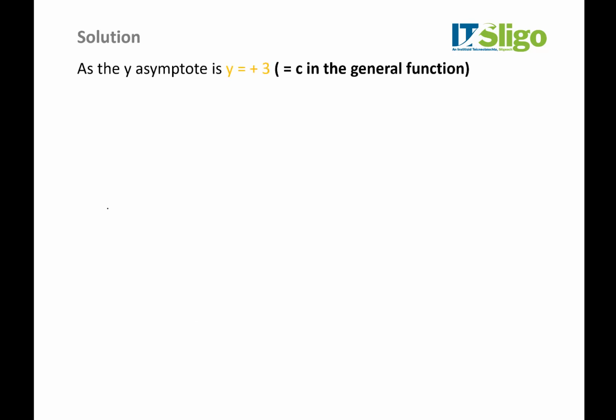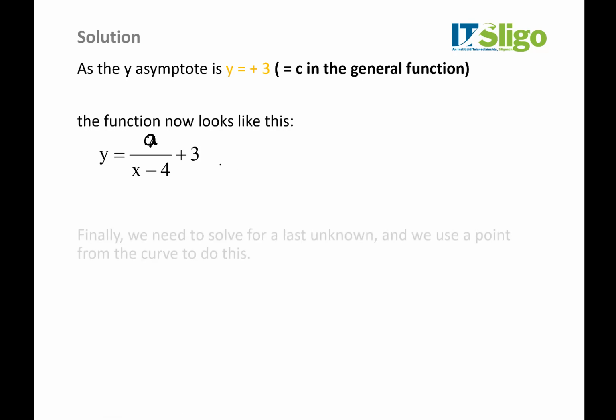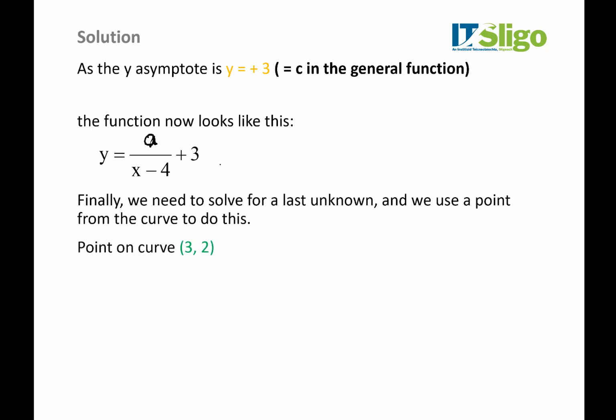Then we use the horizontal asymptote. Y is equal to plus 3. That's equal to c in the function. So now the function looks like this, and that should be an a there. And now we need to find a. How we do that is we use our point 3, 2. There's x and there's y. So we feed those in.